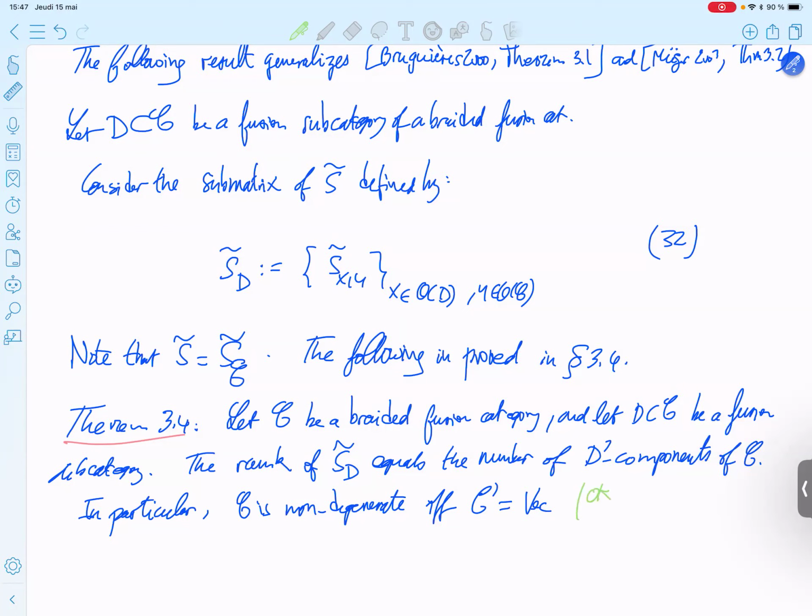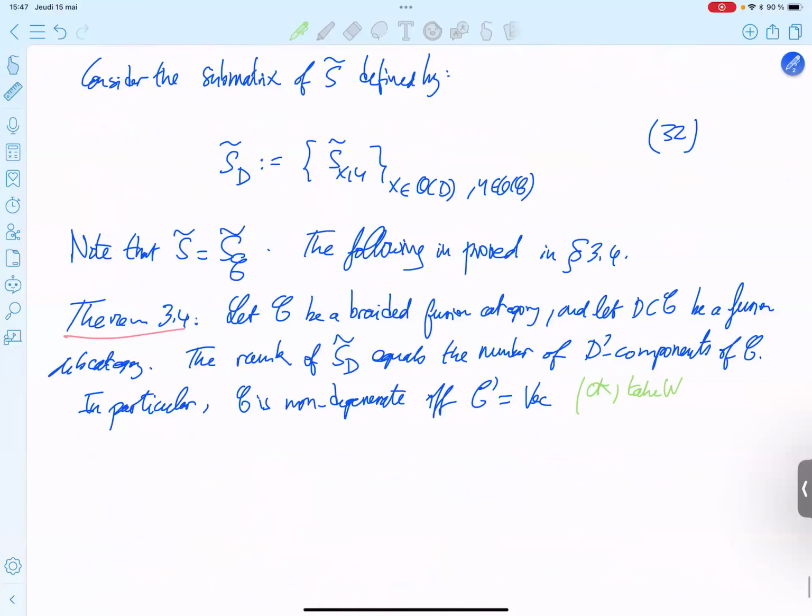Why is the last sentence okay? Because you take W, so W should be in the centralizer. So you take W equal 1, trivial.